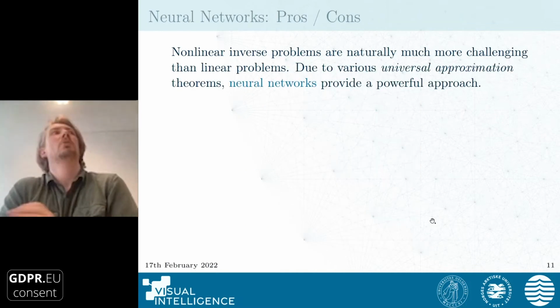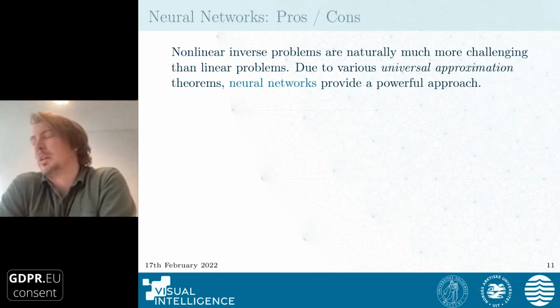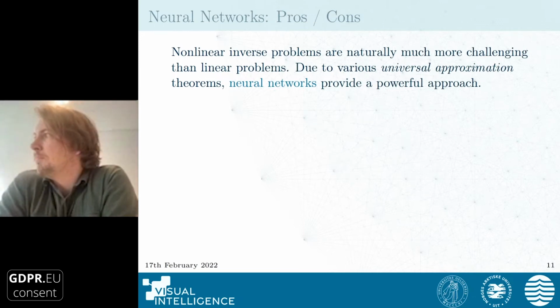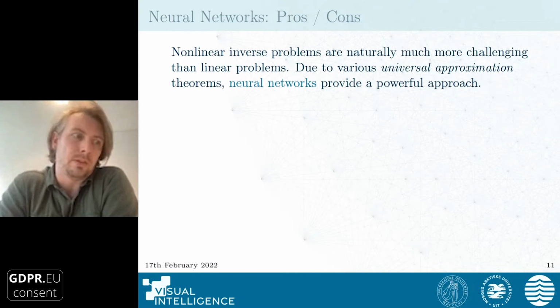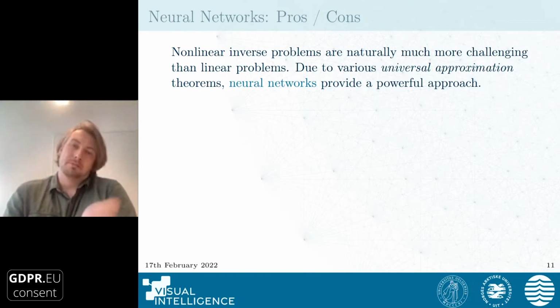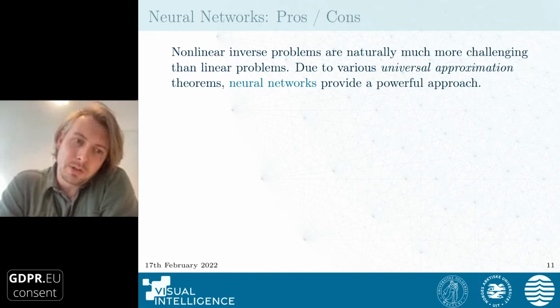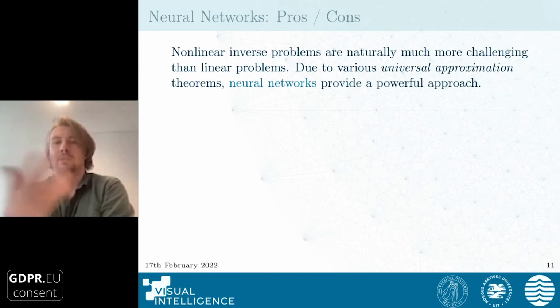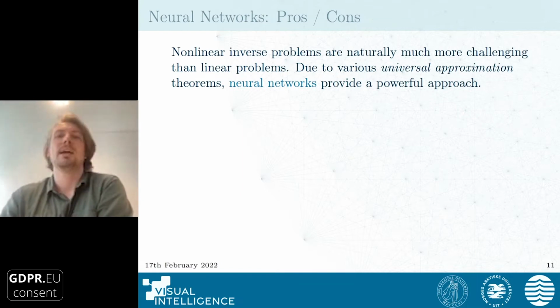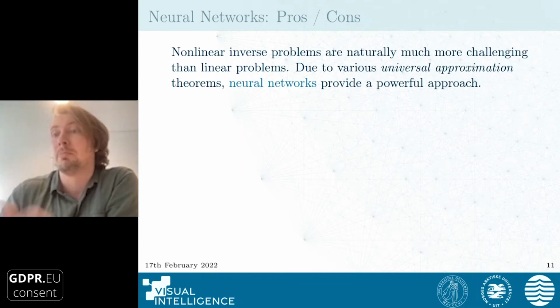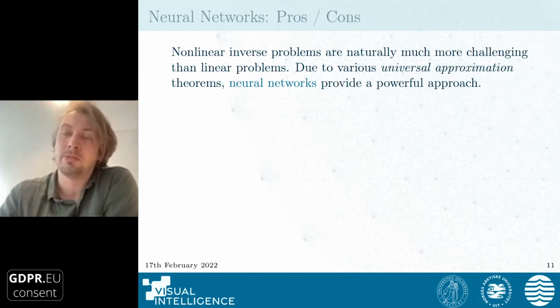Nonlinear inverse problems are much more difficult to approach and pose a serious challenge. However, neural networks have this very nice and attractive property called universal approximation, and this makes them a very powerful method for approaching inverse problems.